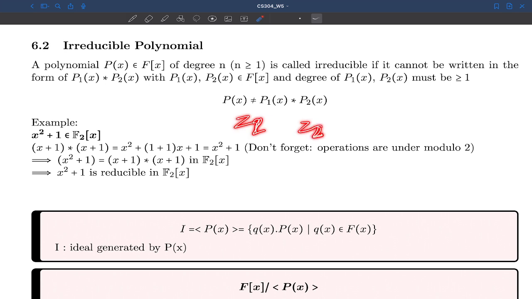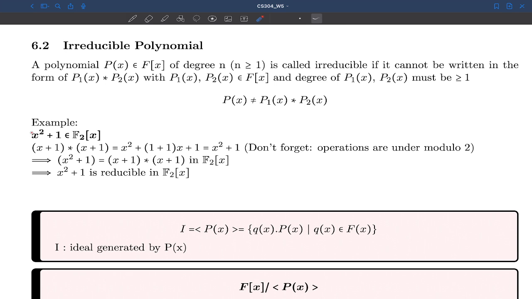And what elements do we have in Z2? All the integers from 0 to 2 minus 1, that is 0 to 1. So only 0 and 1. The choice of coefficients of the polynomials in this set is 0 and 1 only.